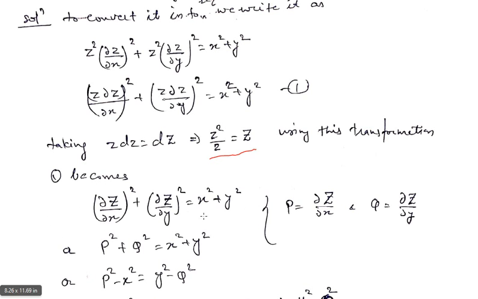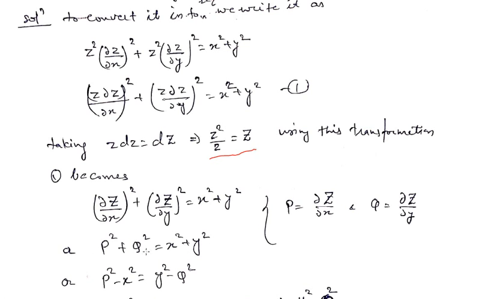Here z is absent in this equation, or we can take del Z upon del x as capital P and del Z upon del y as capital Q. So it becomes P square plus Q square equals x square plus y square.